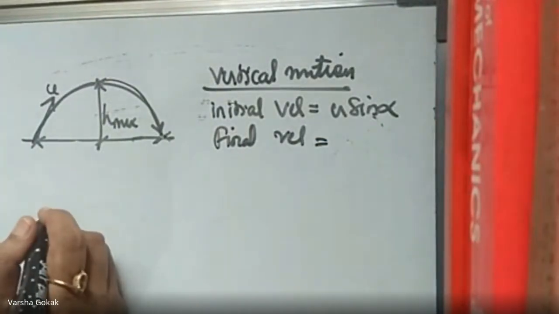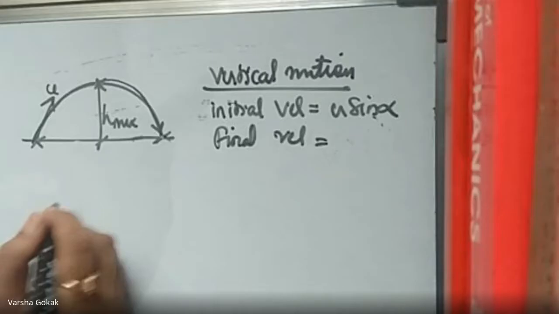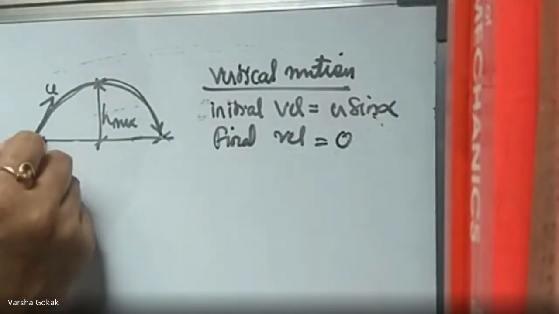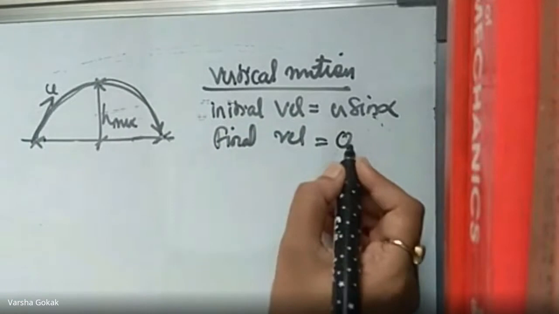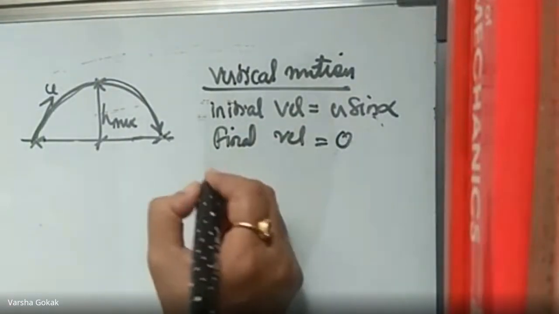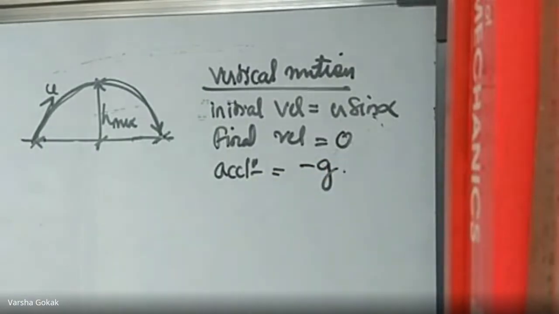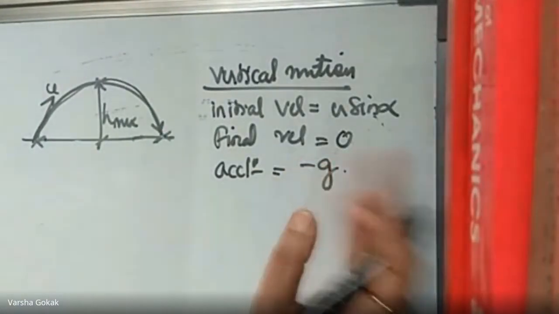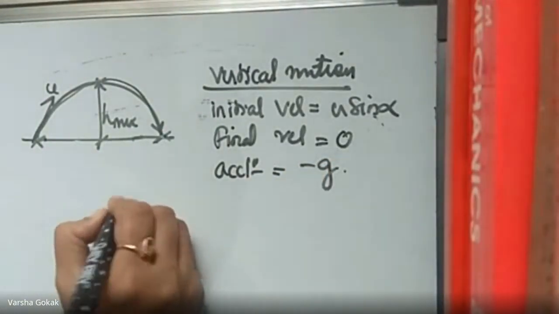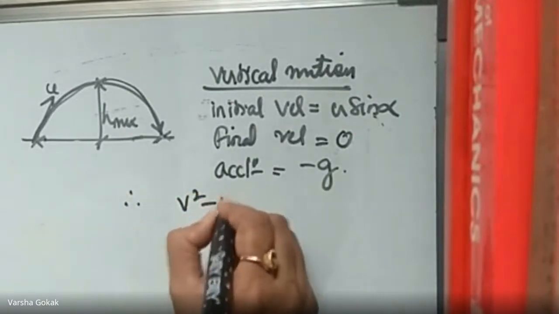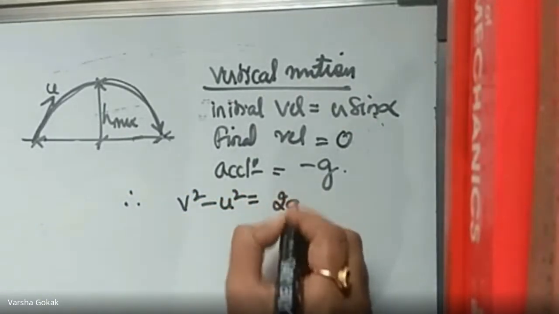What is the value of final velocity? 0. When the particle reaches here, initially it is u sine alpha, and when it reaches over here, it becomes 0. Final velocity 0. And acceleration, till it is going there, acceleration is minus g because it is moving against the gravity. Correct? Therefore, I have the equation v square minus u square is equal to 2gs.